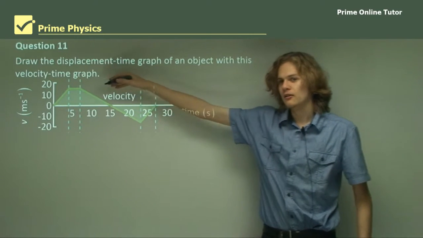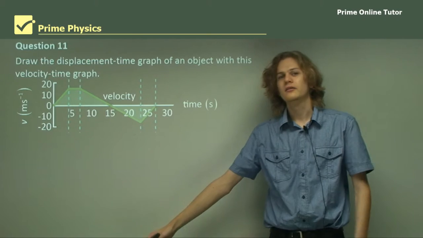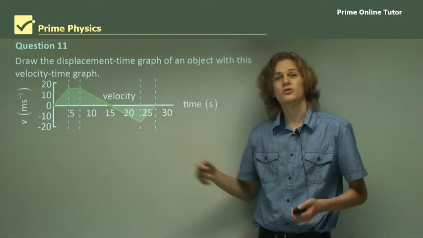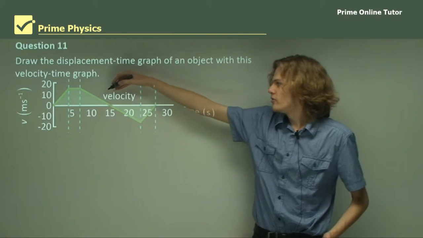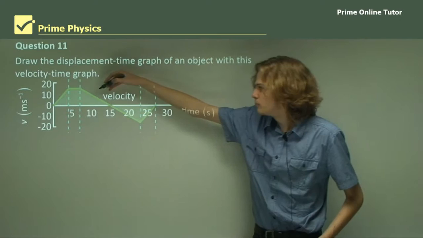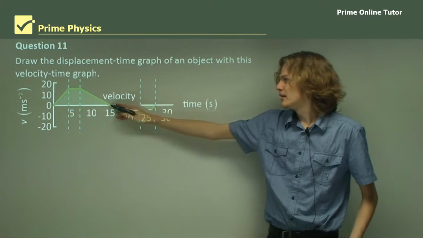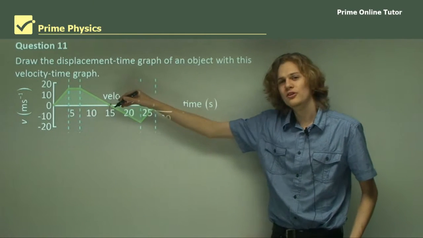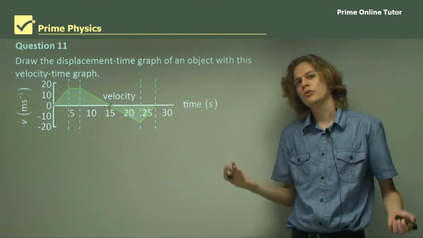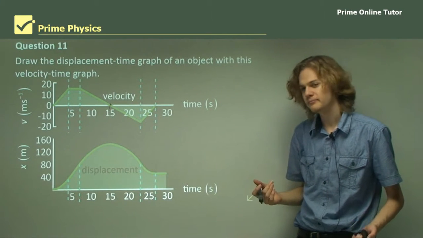When this reaches a flat line, the displacement will be going up by a set amount. It will be going up linearly because the velocity isn't changing, so the slope isn't changing. When we start moving the opposite direction, we're still positive velocity, and so we're still moving forward. Here we have to stop, and suddenly we're in negative velocity, so we're moving back again. And once we've worked all this out, our final graph looks something like this.